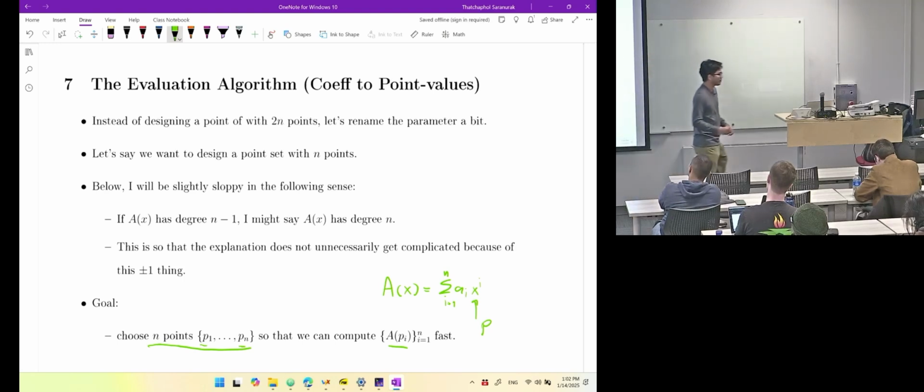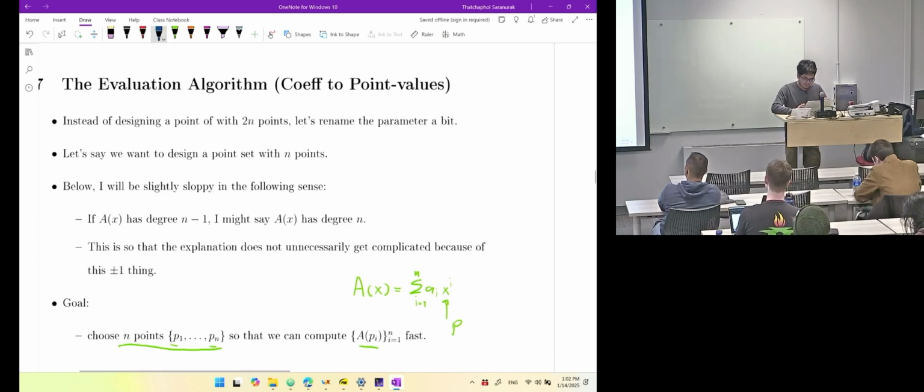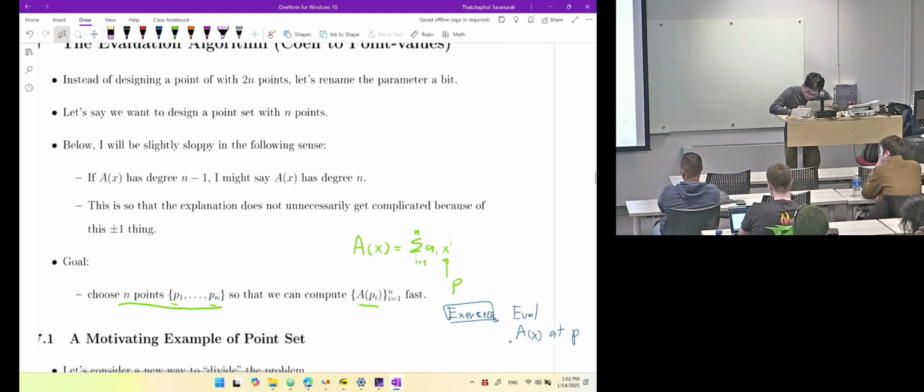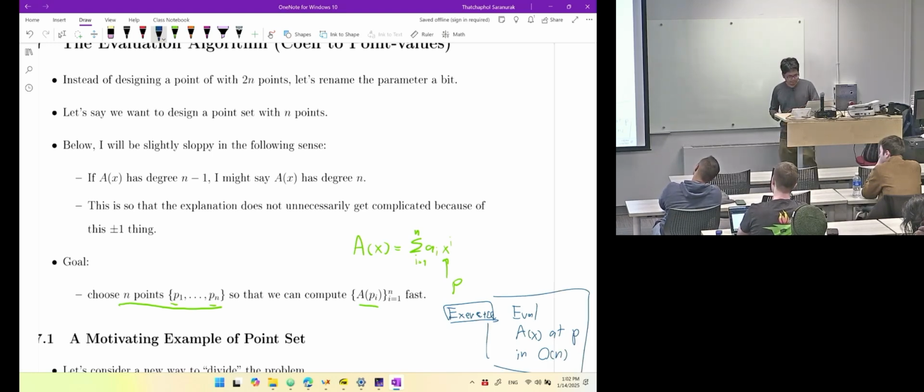But there is a faster way. Actually let me set this as an exercise: how to evaluate A(x) at one point p in order of n time. How do you do this? It's a good exercise.